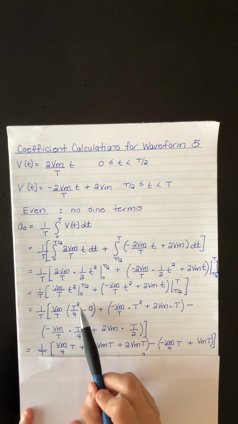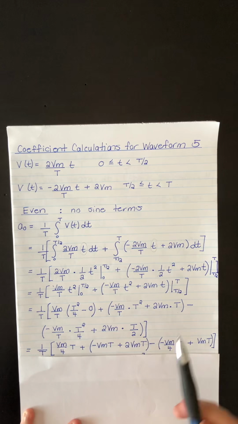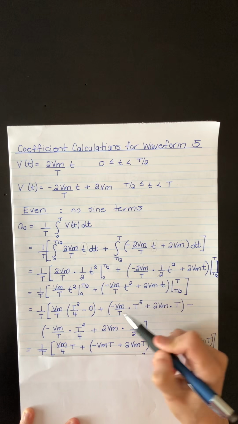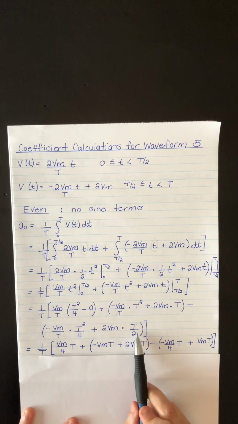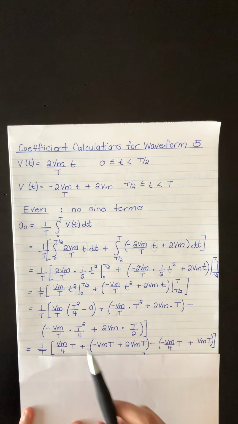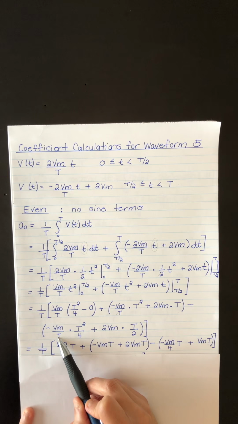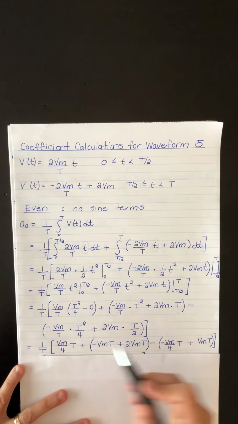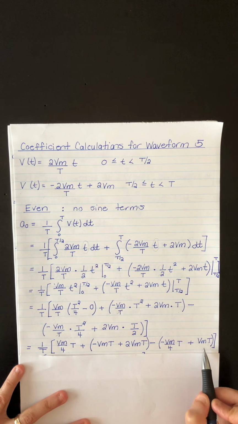This now becomes v max over 4 times t. Here I canceled like this to give me v max over t. And lastly, within this last bracket, 1t can be canceled here and here. Also 2 can be canceled here and here. And that gives us this term and this term.